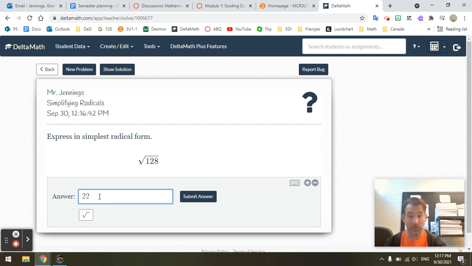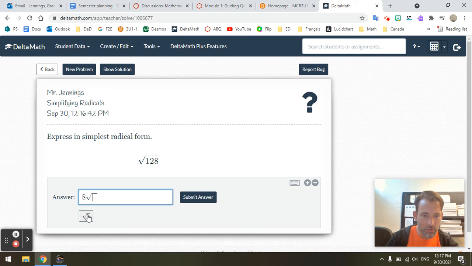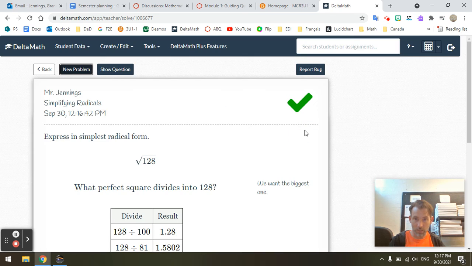So I have to just count them. 2, 4, 8, 16, 32, 64. So that's my square. 64 is 8 squared. So this is 8 root 2. That one was a little slower for me, so I think it's right.